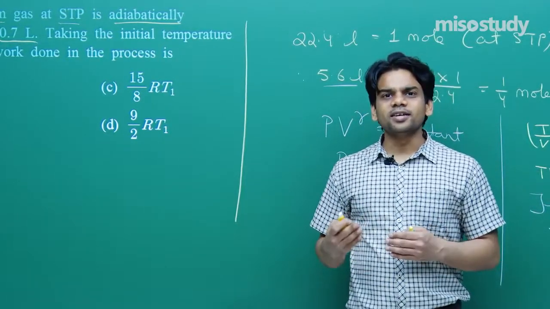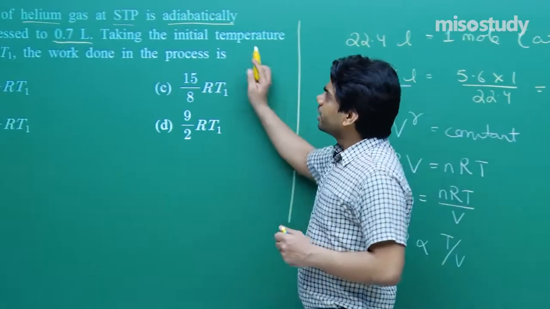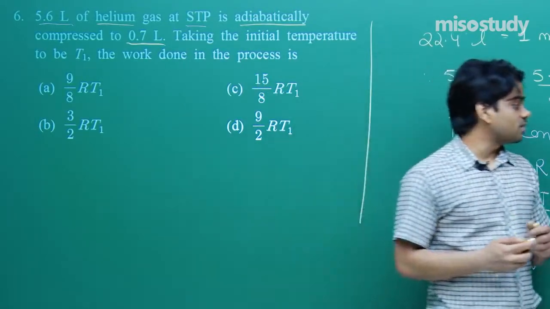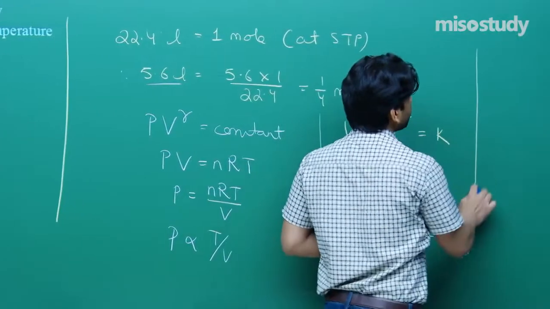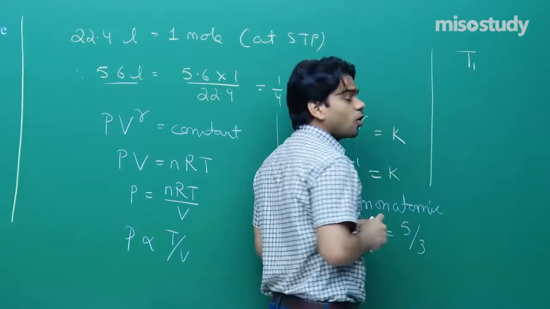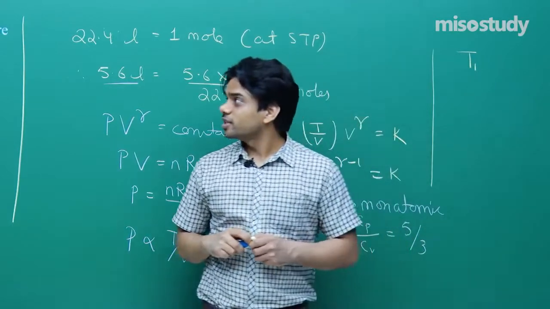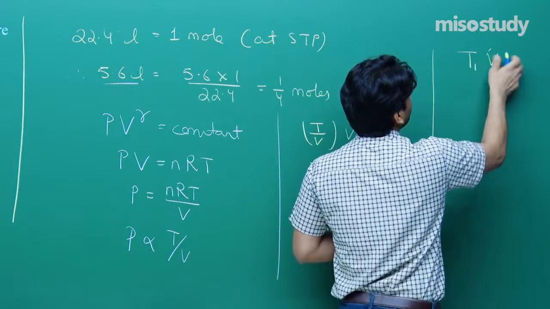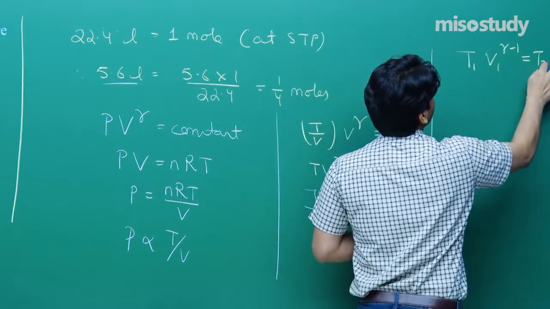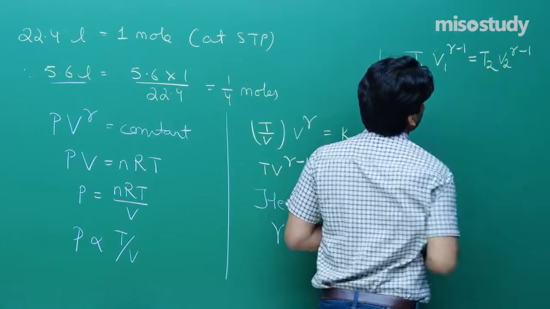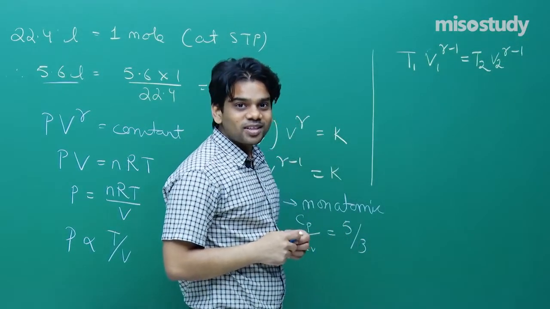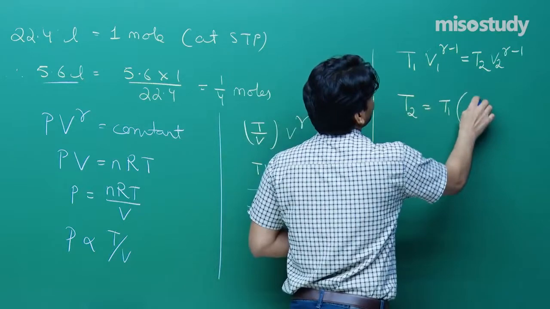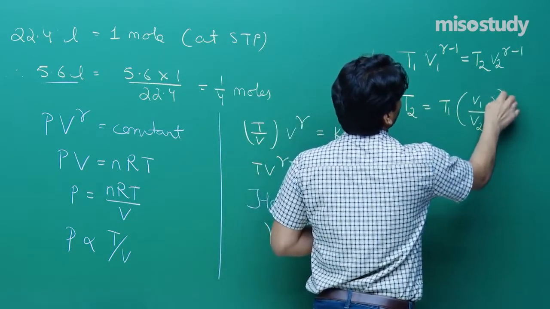Taking the initial temperature to be T1, we have to answer in terms of T1. So we can write T1 with initial volume 5.6 liter. Using the adiabatic relation, T1 V1^(gamma minus 1) equals T2 V2^(gamma minus 1). So T2 is equal to T1 times (V1 by V2) to the power gamma minus 1.